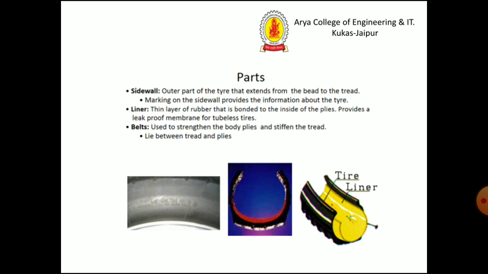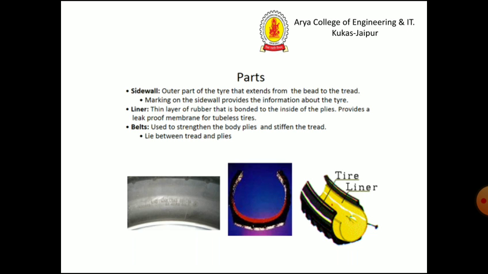Sidewalls are the upper part of the tire that extends from the bead to the tread. The markings on the sidewalls provide information about the tire, as shown in the left of the figure. The liner is a thin layer of rubber that is bonded to the inside of the plies, and it provides a leak-proof membrane for tubeless tires.